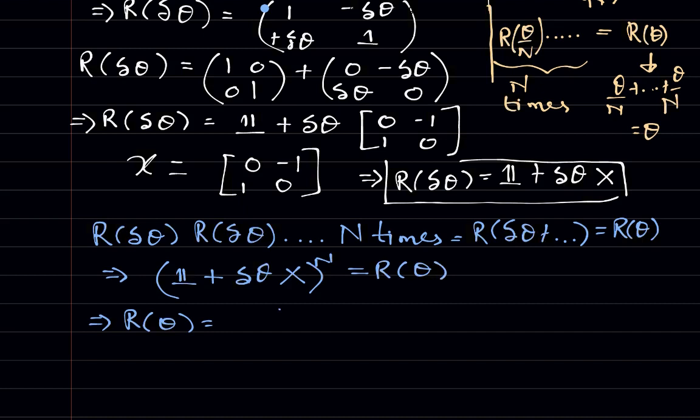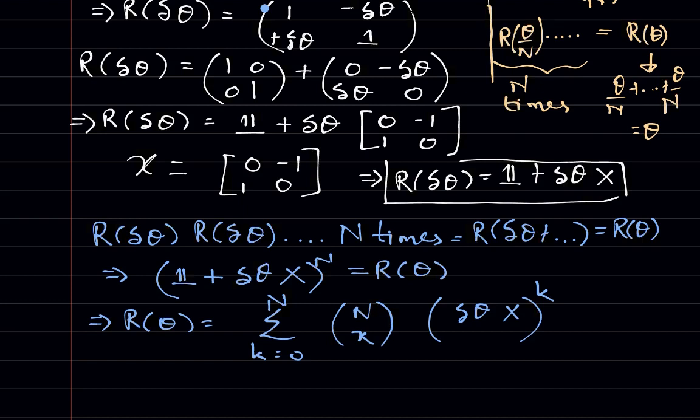If you binomial expand it, you'll get the sum over k equals 0 to n of N choose k, times delta theta X to the power k.